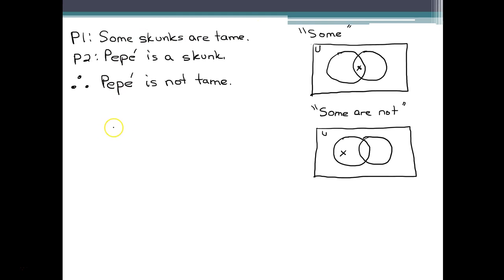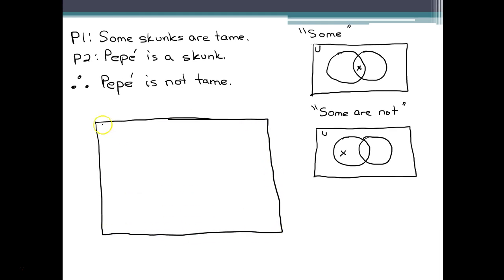Okay, so let's apply that to our specific argument here. Some skunks are tame. Since we see the word some, we know we're going to have some overlapping. We're going to have a circle for skunks, so anything that's a skunk goes in that circle.